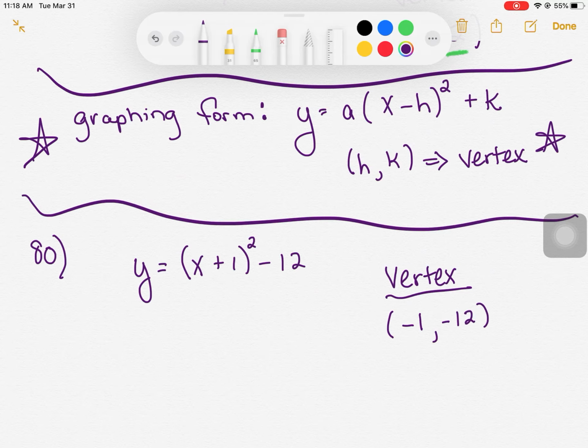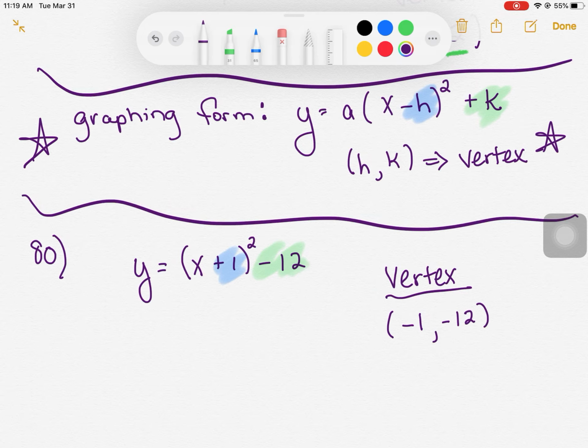All I have to do is look at it in graphing form. Notice that you've got h here, and then you've got k here. So that gives us our point, -1, -12.